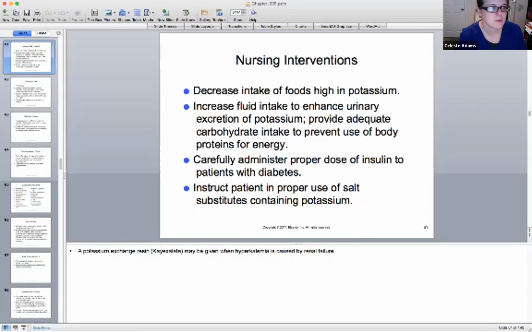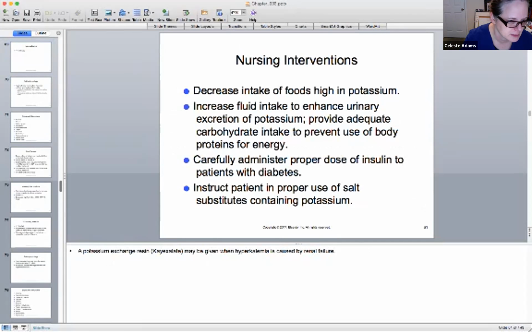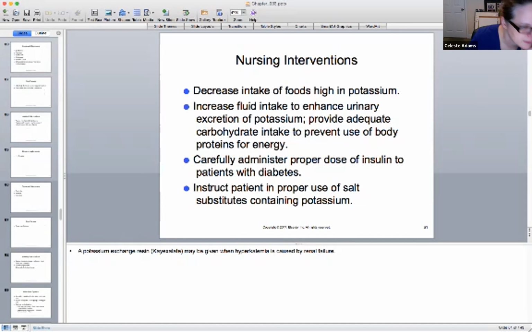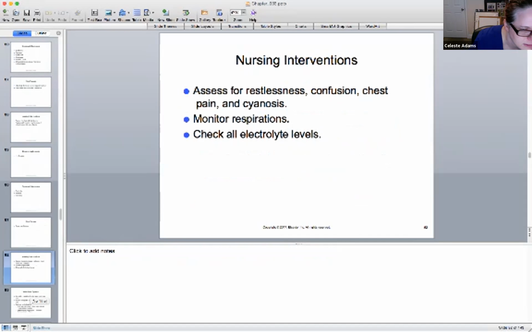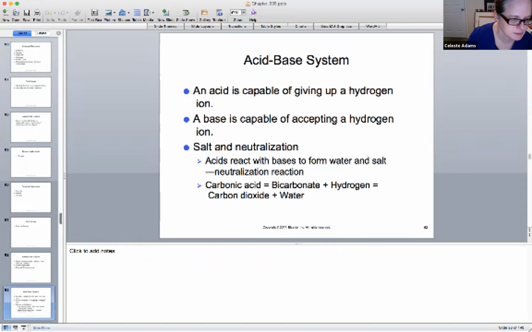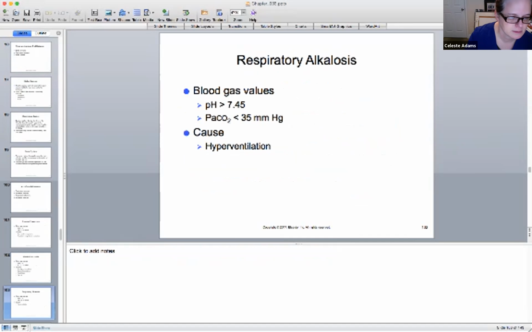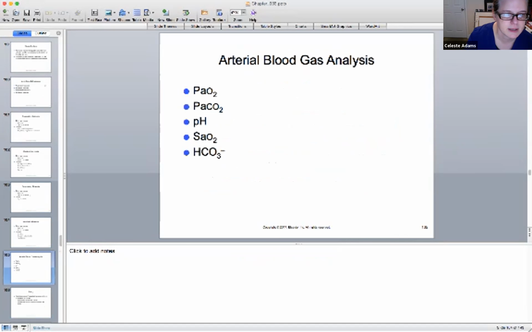Thought I had it right where I left off, but obviously I did not. Okay, that's where we started with acid base. Okay, so ABGs. I think this is where we left off.